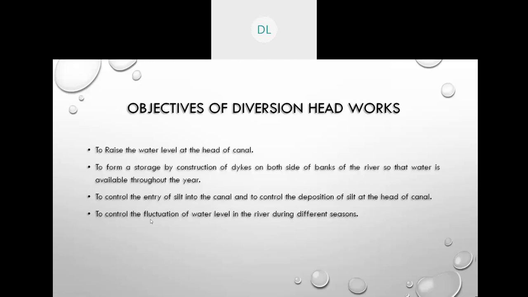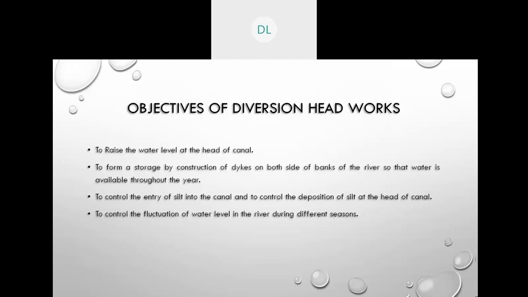The second point under this control of fluctuation: sometimes there is a low flow in the river. During the months of Feb, March, April, May, there is hardly any flow in Sabarmati. So the fluctuation is low, and water won't be pulling up automatically. So what we do is have a kind of storage upstream of the structure, and that water would enter into the canal continuously without any interruption.